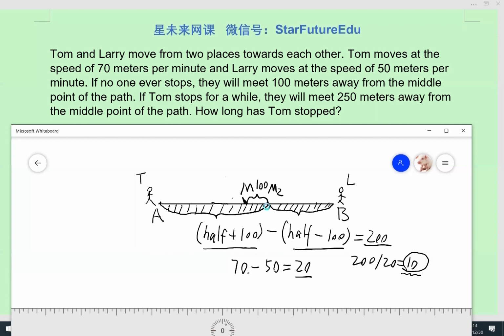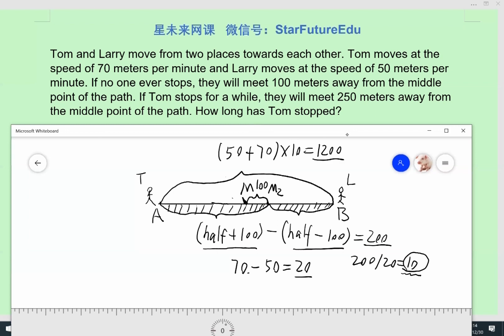So what is the total distance traveled by them? It's 50 plus 70 times 10, right? We got the total distance is 1,200. And the total distance is just the length of the path between A and B, right?